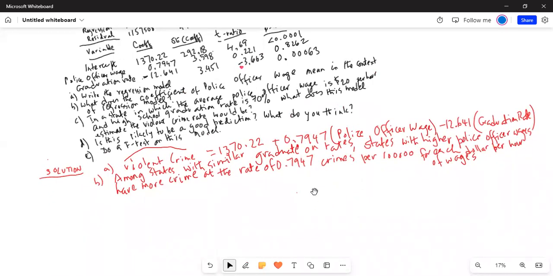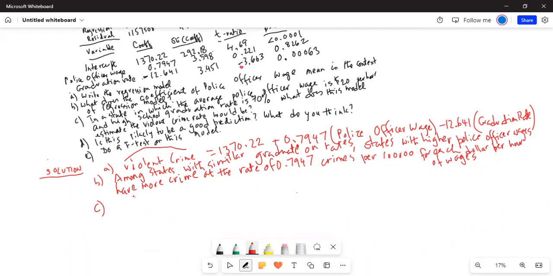So part C. In a state in which the police officer wage is $20 per hour and the high school graduation is 70%, what does this model estimate the crime rate to be?